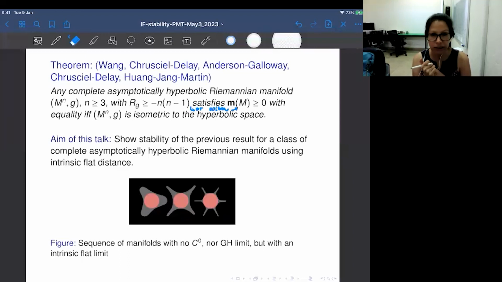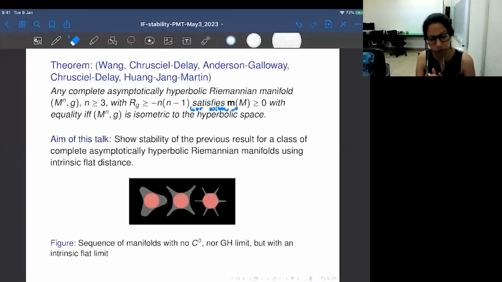And it says the following: any complete asymptotically hyperbolic Riemannian manifold N with a Riemannian metric g, and here n can be bigger than 3, with scalar curvature bounded below by minus n multiplied by n minus 1, satisfies that the mass, and this mass was defined by Lan, is non-negative, and the equality holds if and only if this manifold is isometric to the hyperbolic space.